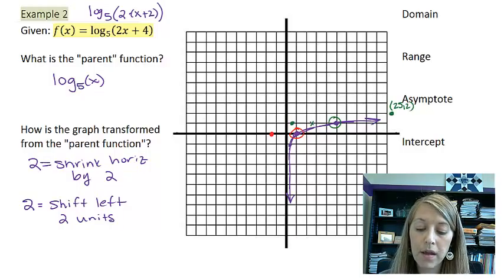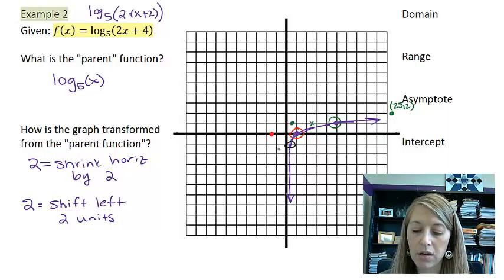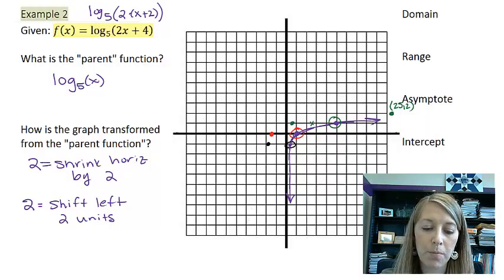If I take this coordinate here and divide it in half, it only gets closer to my y-axis, so that's hard to see. But then if I shift it left 2 units, that's going to put me right here. And I believe this gives me enough to give me the shape of my graph.